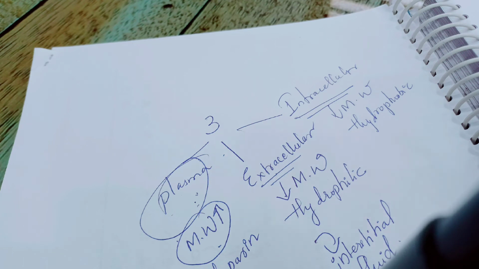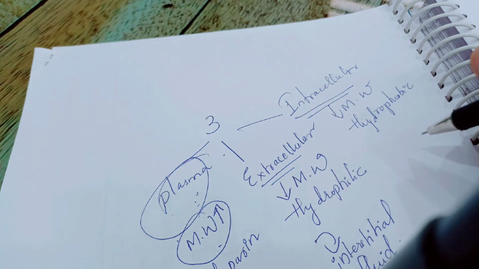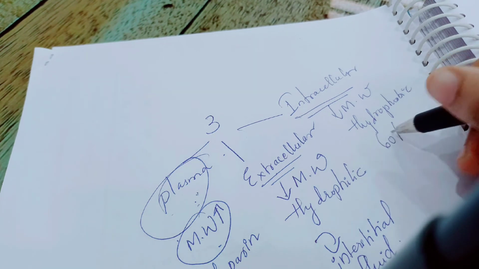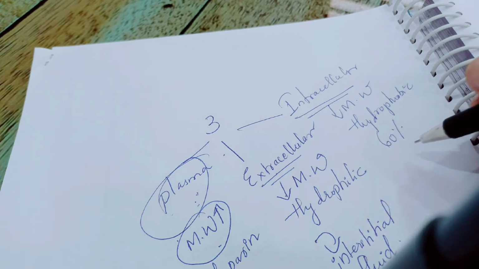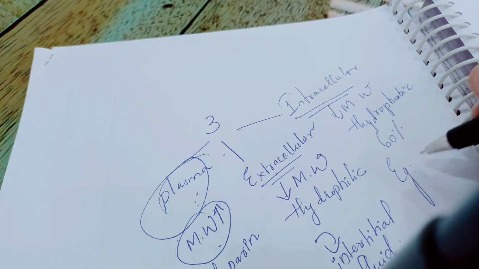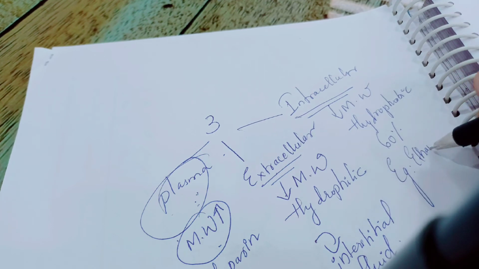Since it is hydrophobic, it can cross the lipid membrane of the cell. So the drug gets distributed into a volume of fluid which is about 60% of the body weight. An example of such distribution is ethanol.